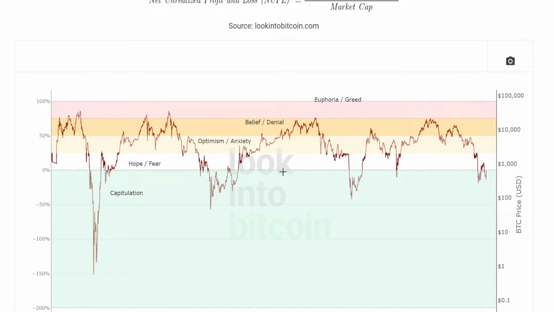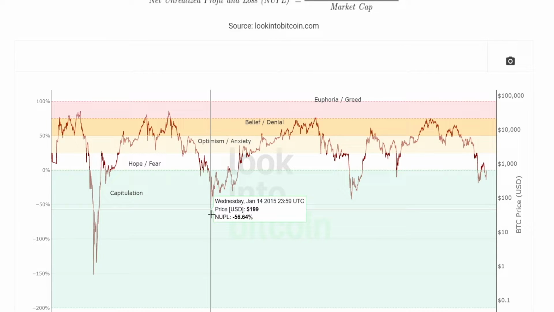Similarly, if you hit the zero mark here, which is basically your break even, you could be seeing a major capitulation event where investors decide to cut their losses, and instead of holding through a loss, they could wind up capitulating and drive the price down further.